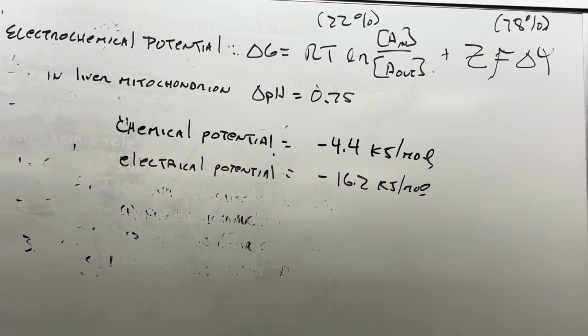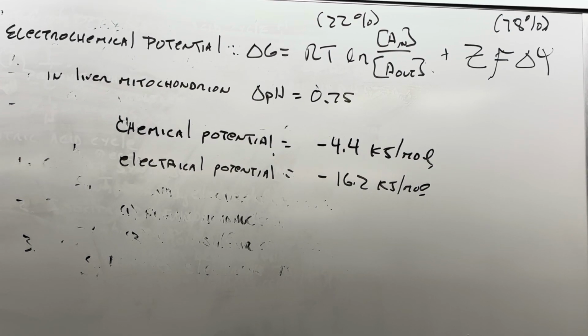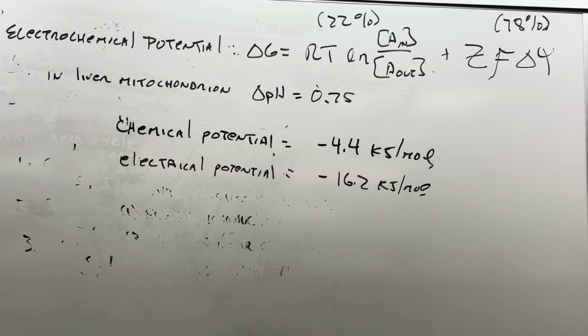We start out in glucose with chemical energy, in the carbon-carbon bonds and the carbon-hydrogen bonds. And those also get transmitted to NADH. It's basically chemical energy in NADH. But then the electron transport chain takes that chemical energy and converts it into electrochemical potential that's mostly electrical potential.